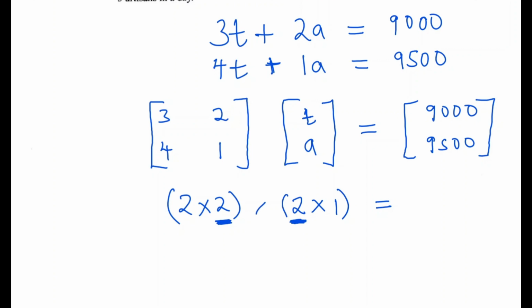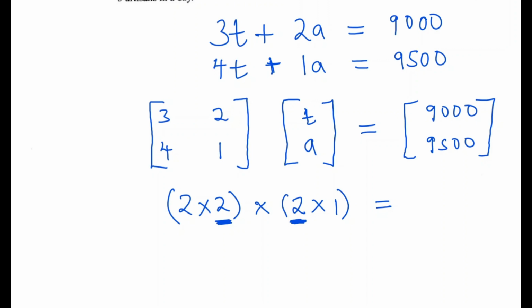If it is that way, we can multiply. If the number of columns in the first matrix does not match the number of rows in the second matrix, then we cannot multiply these matrices.